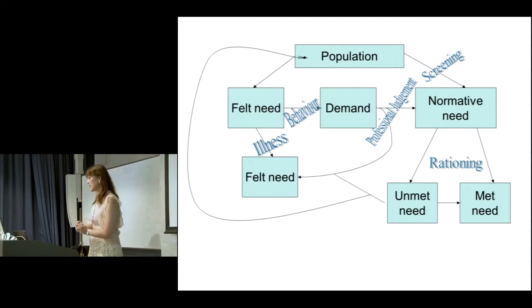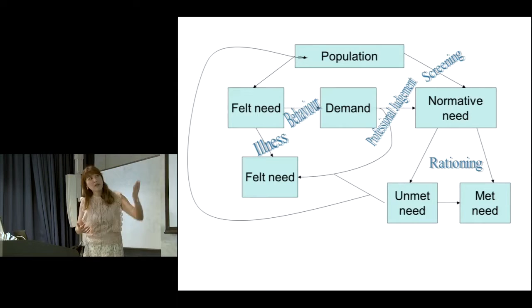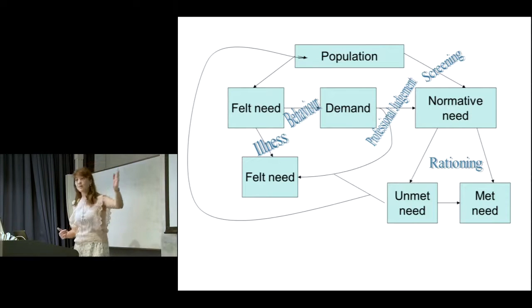And this is where screening comes in, where you didn't know you had a need, but you actually have disease, and you screened it, and health prevention activities, you went for screening, and you detected some early cervical cancer, and so you suddenly have a disease and it becomes normative straight away without your realization of having a felt need. This is the model. Hopefully, it is a way of us understanding the way needs and demand and use come together.